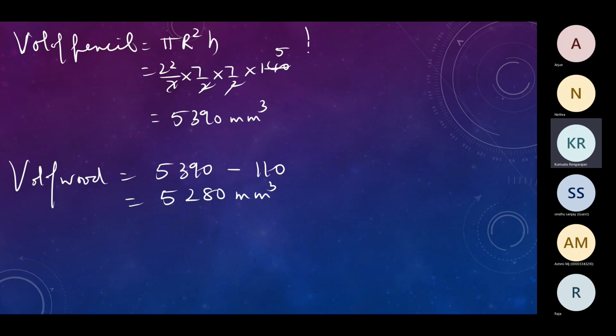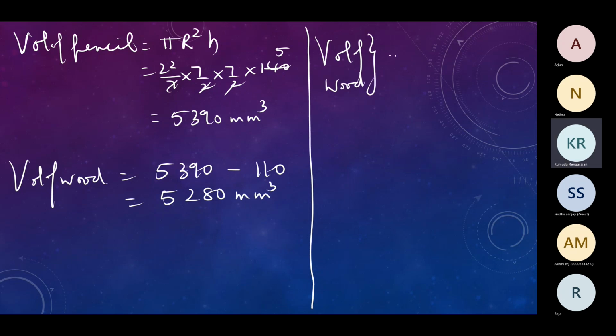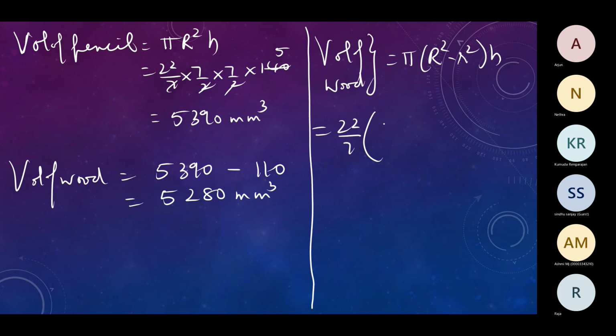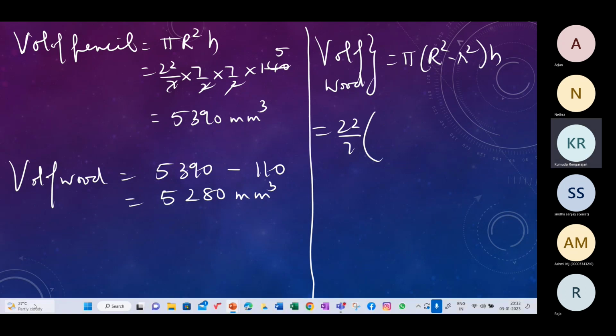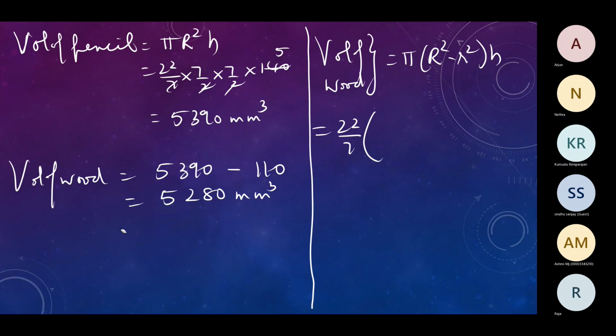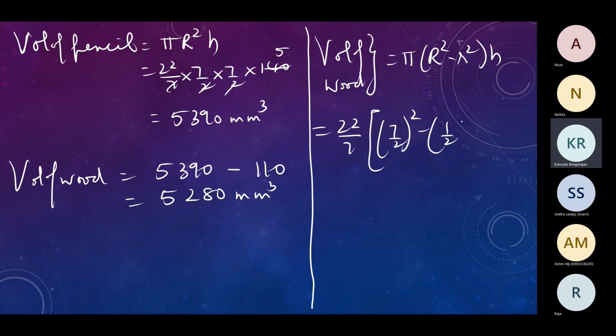See, this is one way. Or what you can do is straight away find the volume of wood. How? Volume of wood is equal to pi r square minus r square into h. So that is 22 by 7 into 7 by 2 the whole square minus 1 by 2 the whole square, into 140.